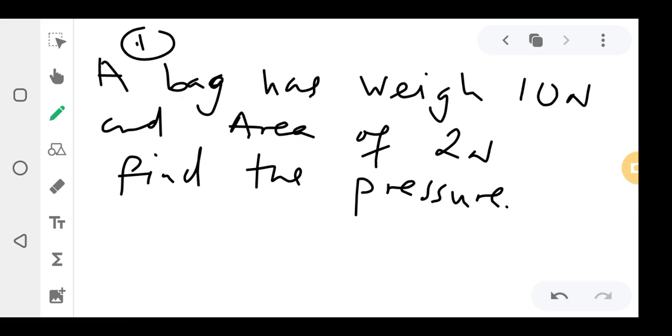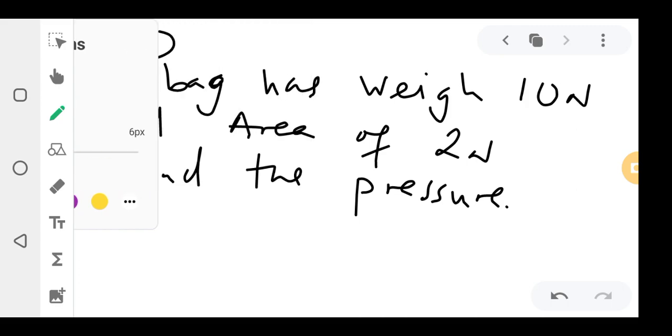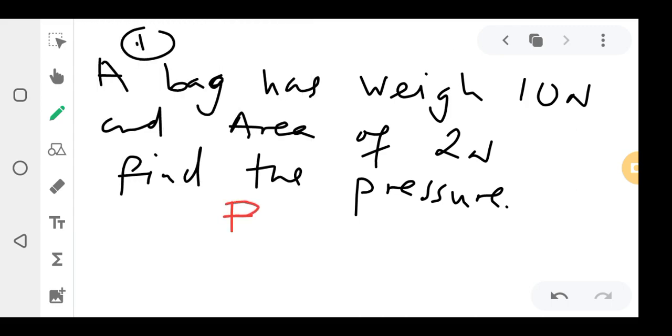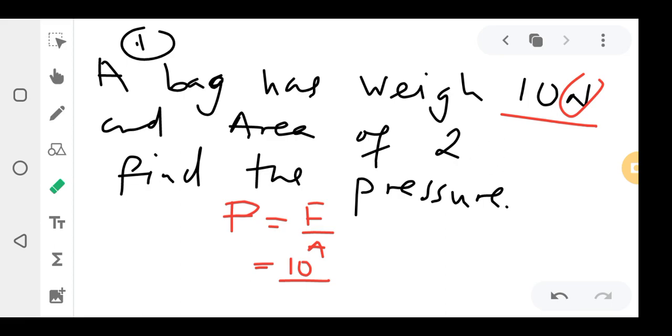So how do you find the pressure? Pressure is equal to force over area. The force is 10 newtons over the area. The area is actually 2 centimeters squared, not 2 newtons. So 2 into 10 is 5.